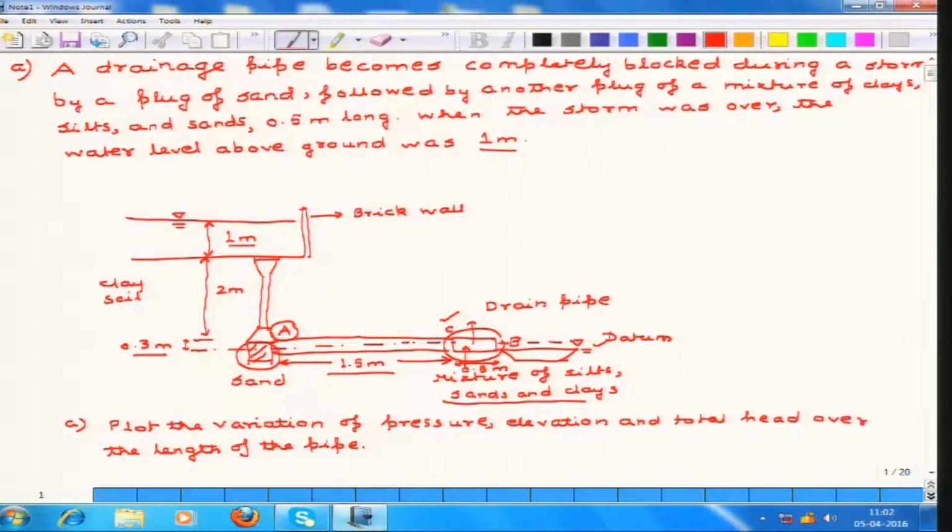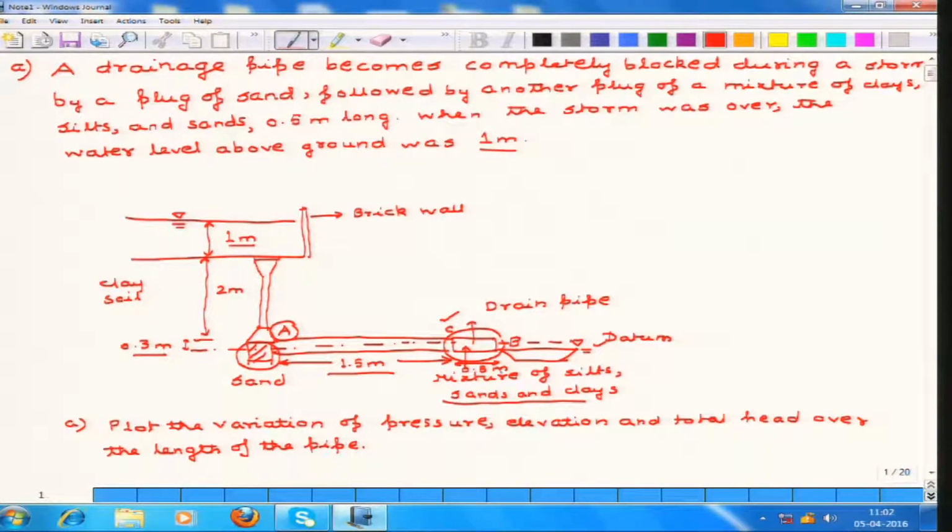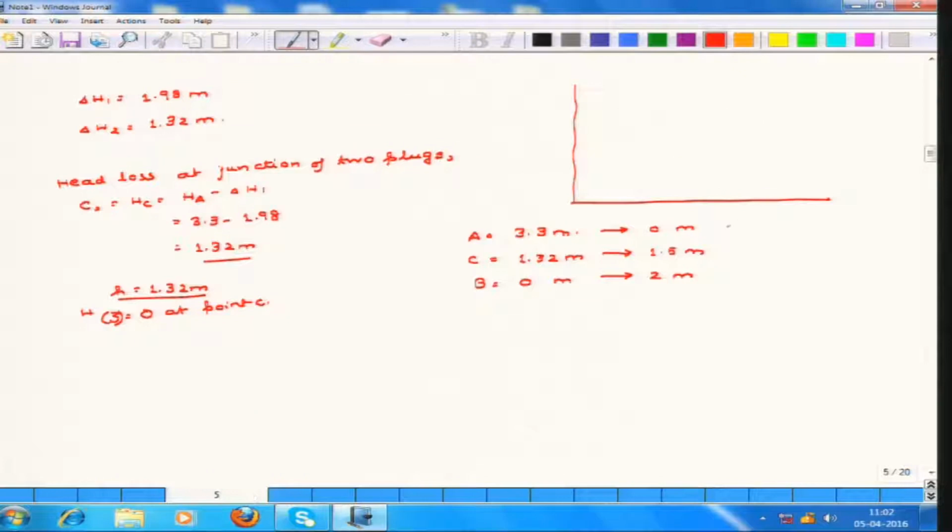So, this is 1.5 meter from the point A, while at B the head loss is 0 meter, and this is at a distance of 2 meter, that is 1.5 plus 0.5 meter. So, the point A will be here, the point C will be here and the point B will be here.